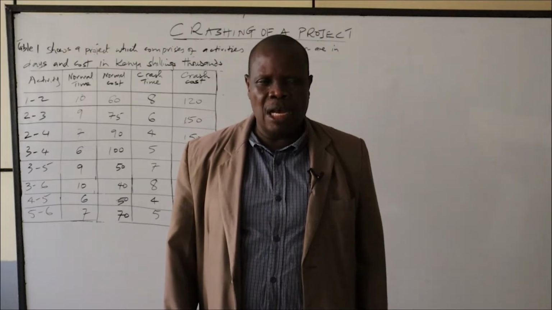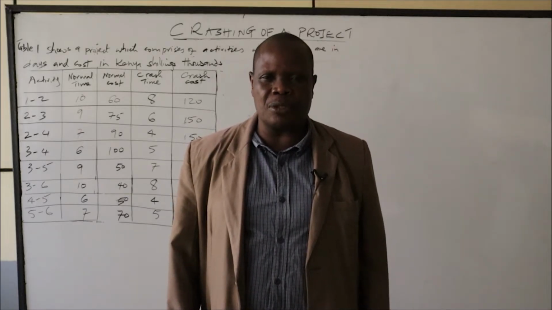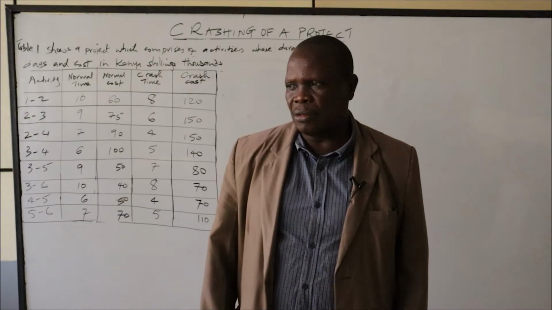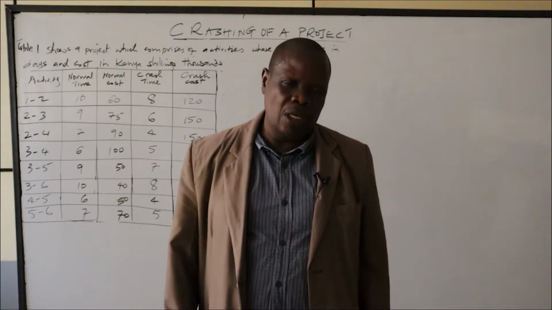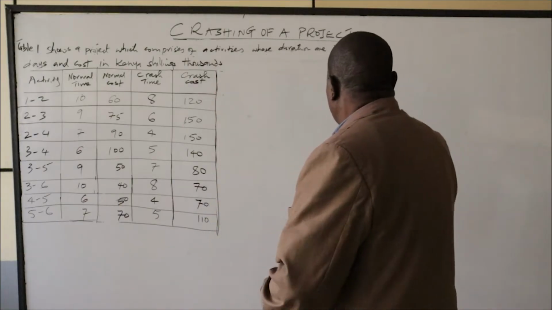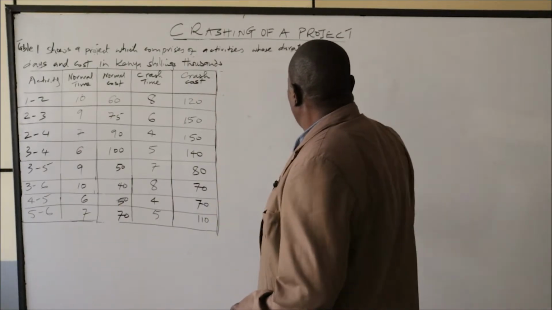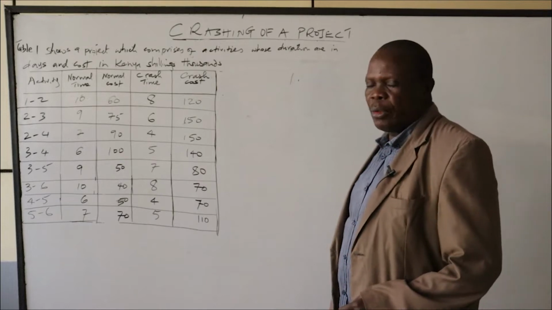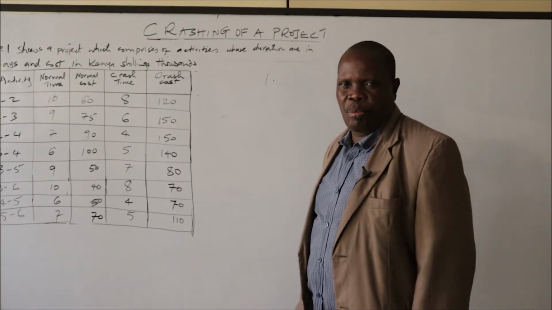Now we have the steps for crashing of a project. The first step is construction of the network and determining the critical paths.